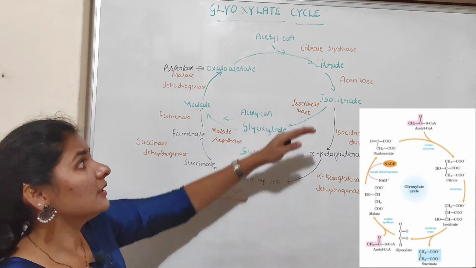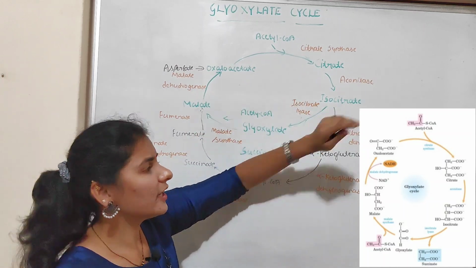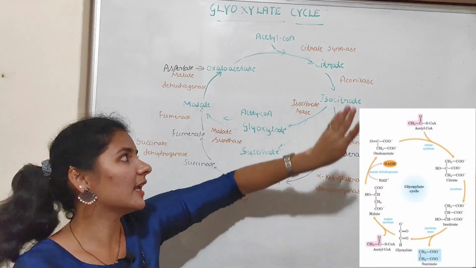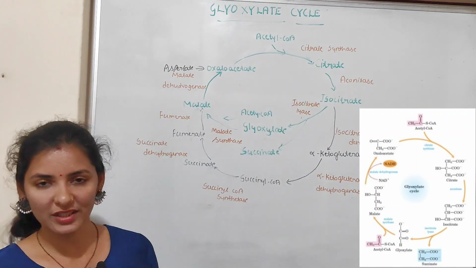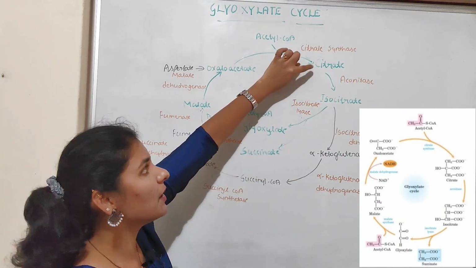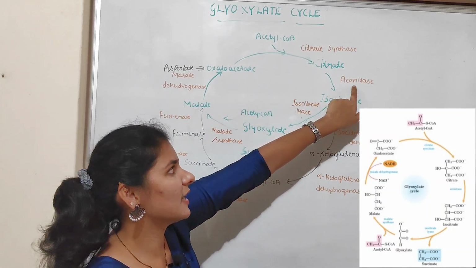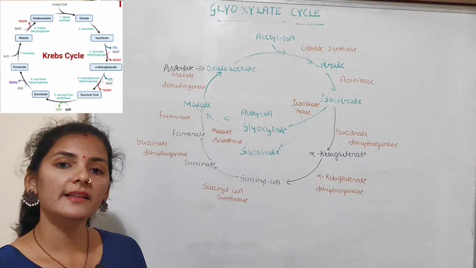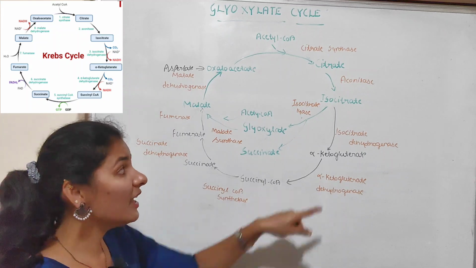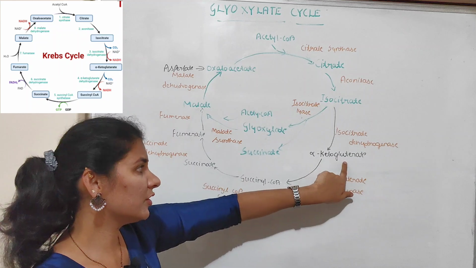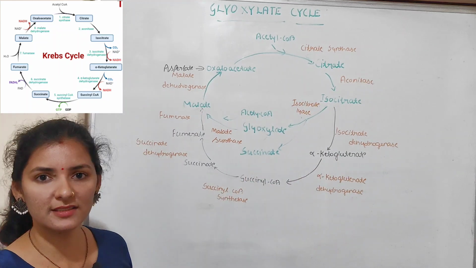In the next step, this citrate is converted into isocitrate in the presence of the enzyme known as aconitase. Again, this reaction is the same as that of the Krebs cycle. In the next step, in the citric acid cycle, this isocitrate is converted into alpha ketoglutarate, and alpha ketoglutarate is converted into succinyl-CoA.